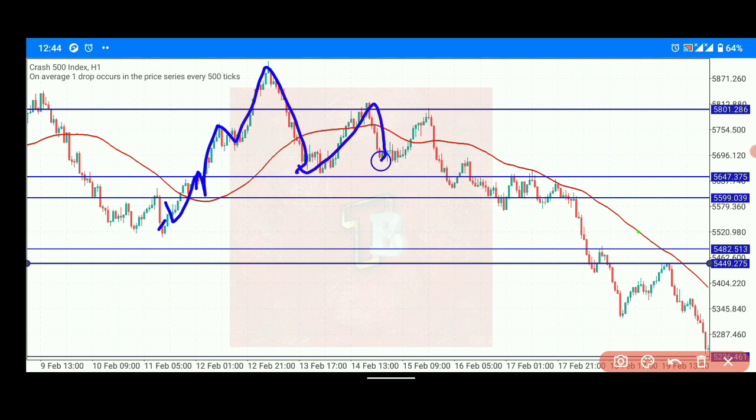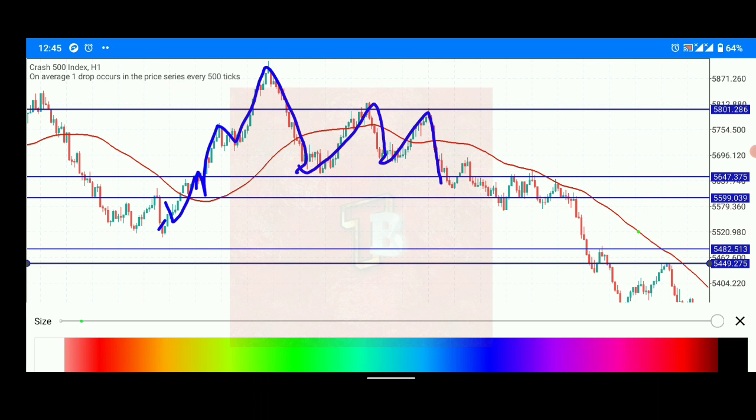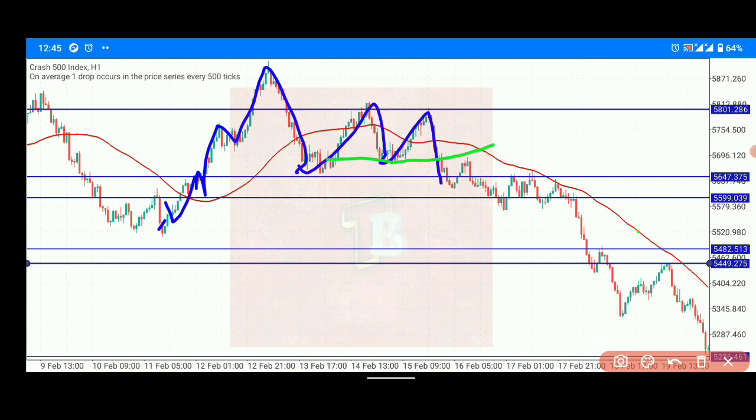Now I'll give you another one. This is another one and another one. We now have a complete neck. So if we want to trade the market, we enter this market at this zone. As you can see, that place is already forming a resistance, a support zone, sorry.